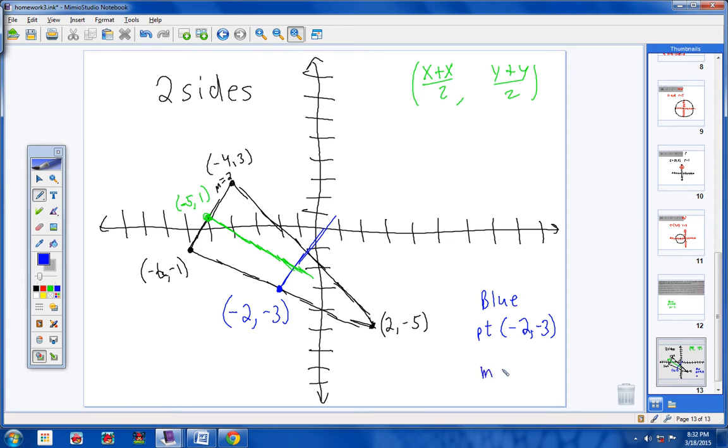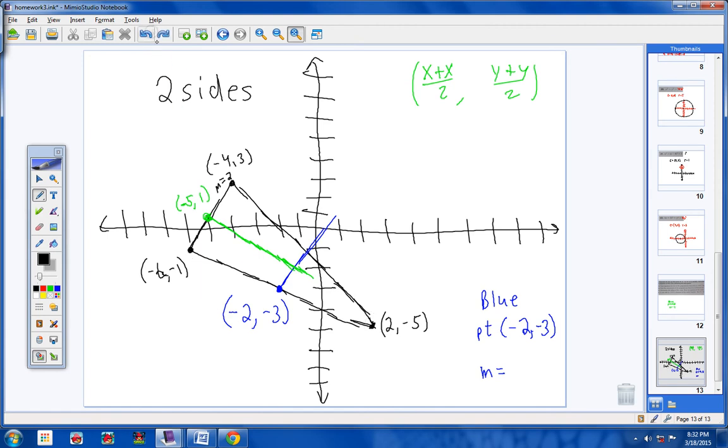Well, remember, if I can find the slope of this line right here, that will help me because this line here and this line here are perpendicular. So if I find the slope of this black line right here, then this line here is the opposite reciprocal. So let's very quickly find the slope of this black line here. I can take this point here and this point here and find the slope of the black line.